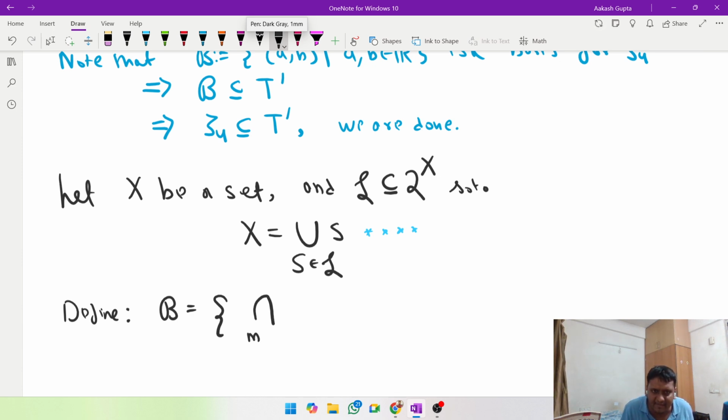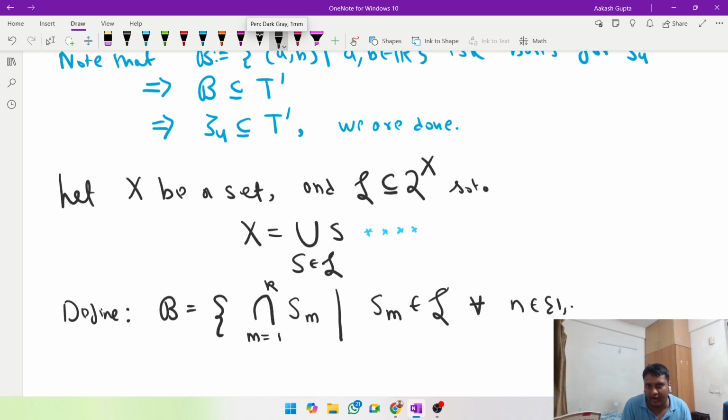So this is the intersection of S_m for m from 1 to k, such that each S_m is a member of the family script S for every m between 1 and k, and this k belongs to the natural numbers. This k also varies. If you have an uncountable collection, then k is running throughout that; otherwise you can adjust accordingly. What I mean is, collect all possible finite intersections.